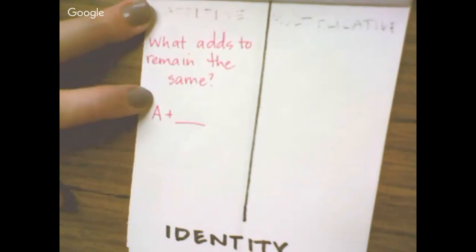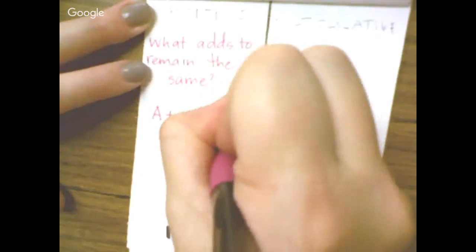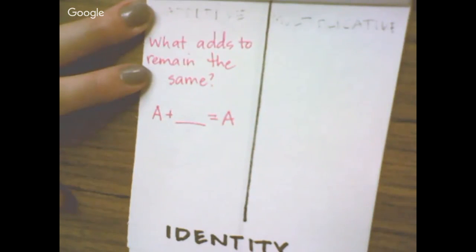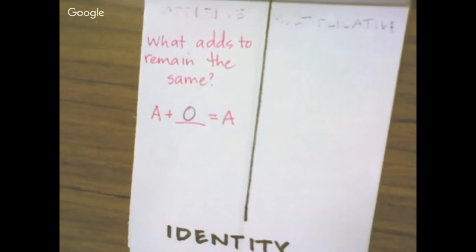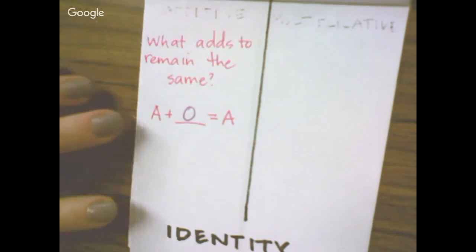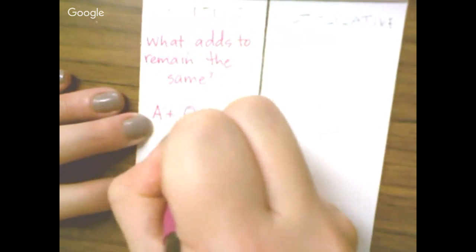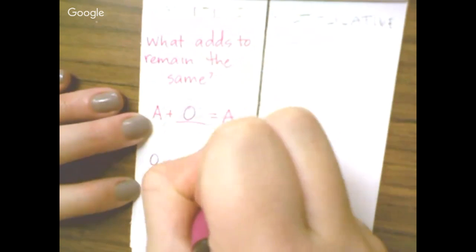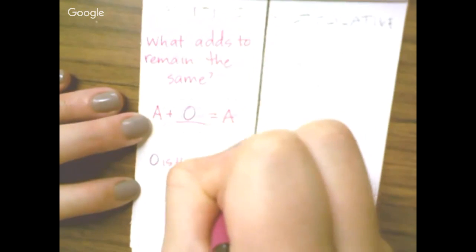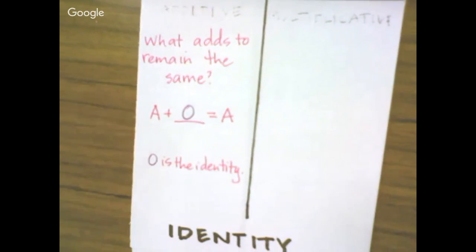So basically when I add to A, it still equals A. And that's just 0. So we would say that 0 is the identity. So in addition, 0 is the identity.